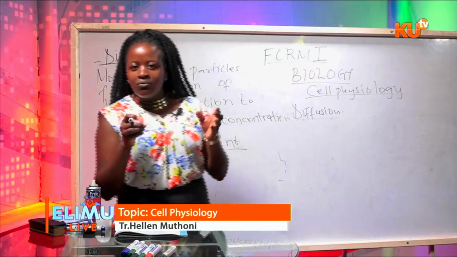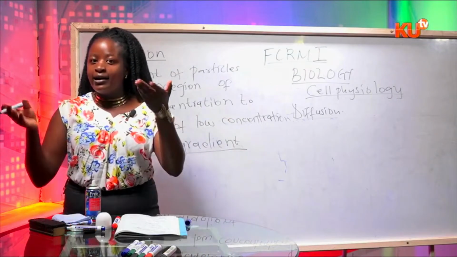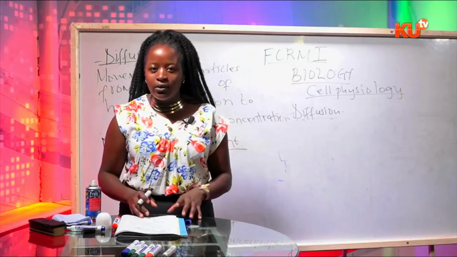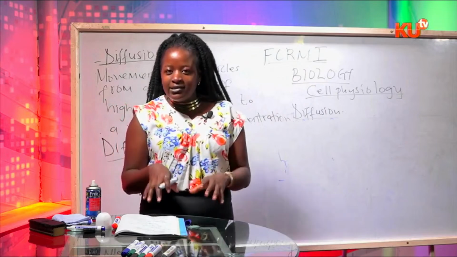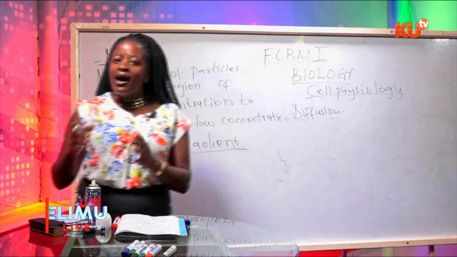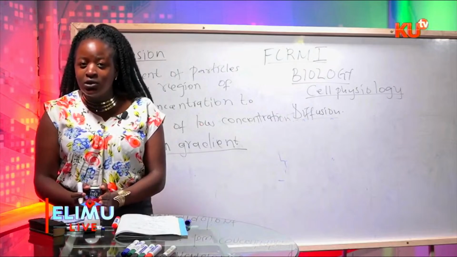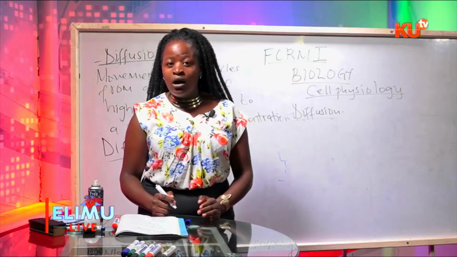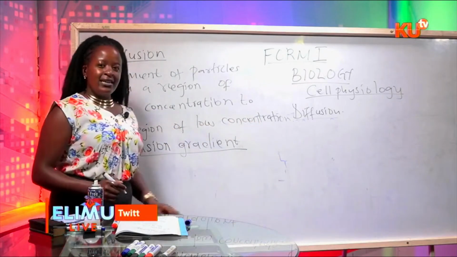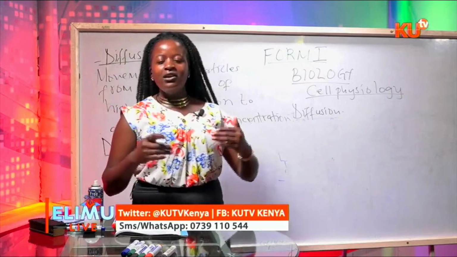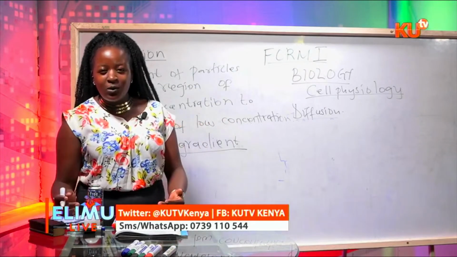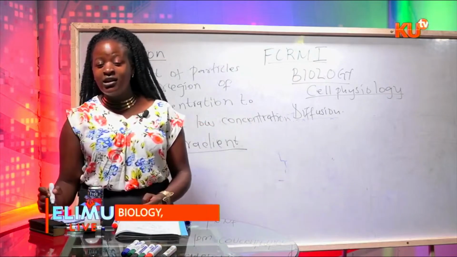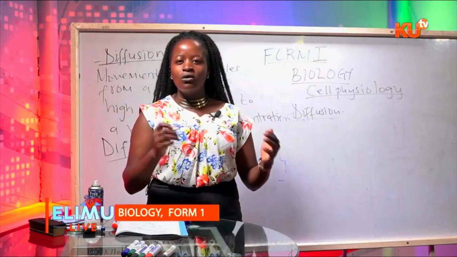So the amount of particles in one region is high, and the amount of particles in another region is low. There is a difference between the amount in the first region, which is high, and the amount in the second region, which is low. So diffusion gradient is the difference in concentration of particles between the region of high concentration and the region of low concentration.